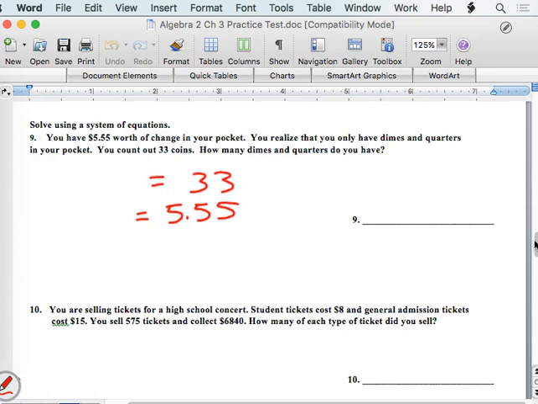So everything else that we look up for that equation has to be about the number of coins. So I'm looking for, did they say we need twice as many dimes as quarters? Do we need 3 times as many quarters as dimes? Did they say anything? So what do we put? X plus y. Dimes plus quarters equals 33. There it is.